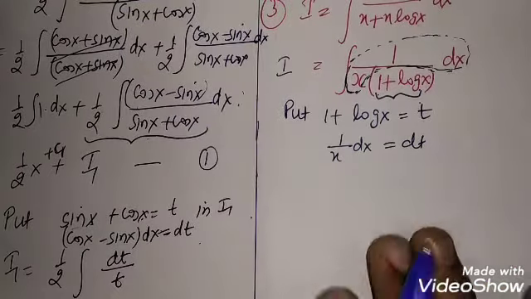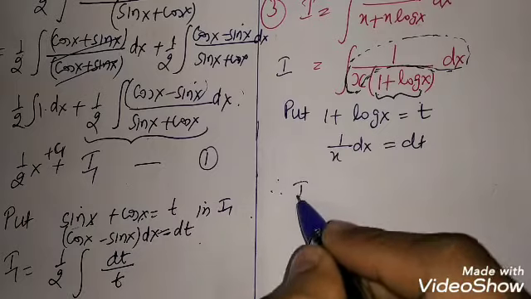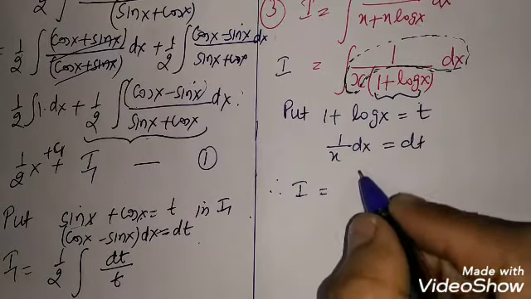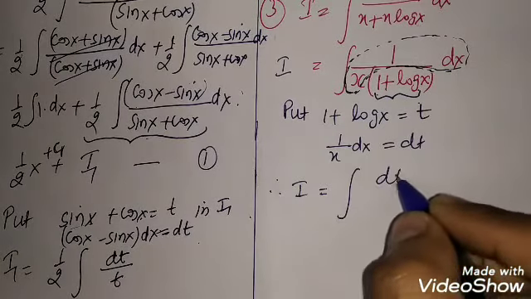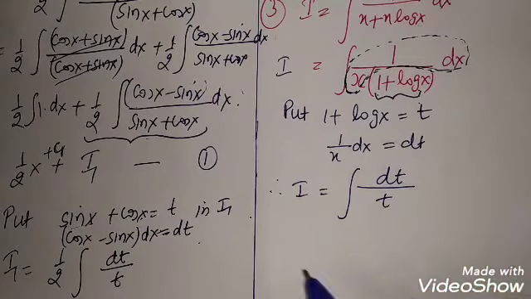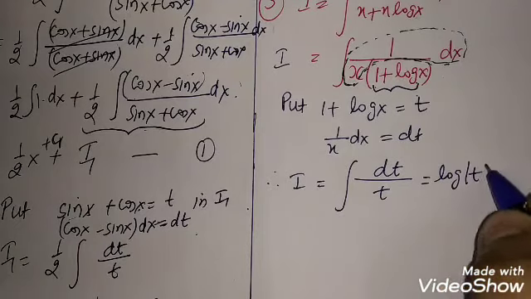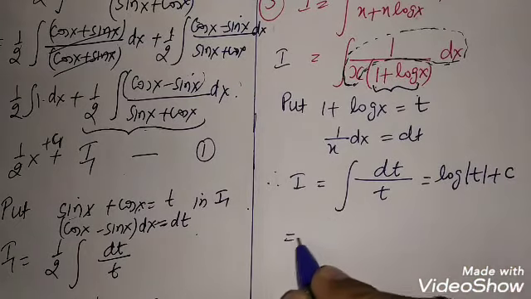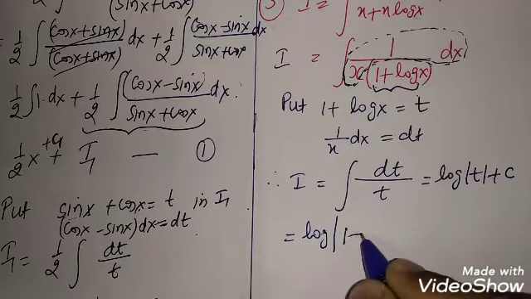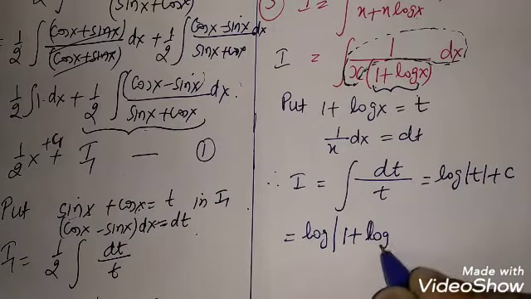Therefore the integrand is the integration of dt upon t. Again the same thing: log mod t plus c. The value of t is 1 plus log x, so log of mod 1 plus log x plus c, the required answer.